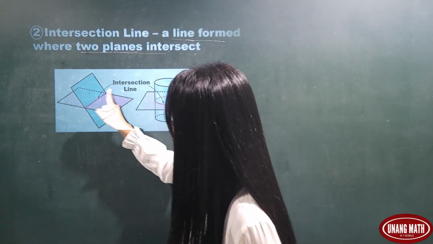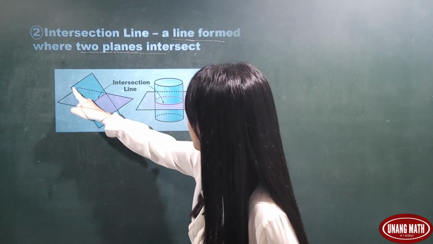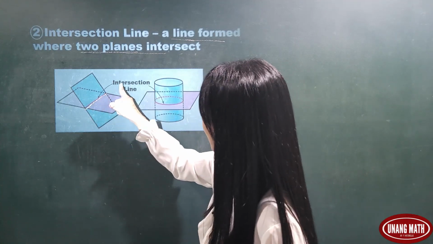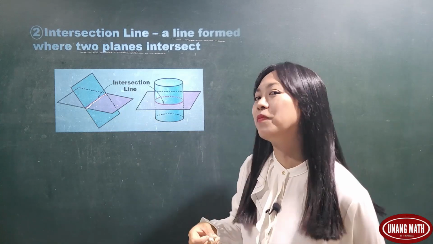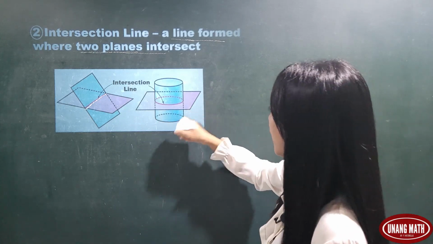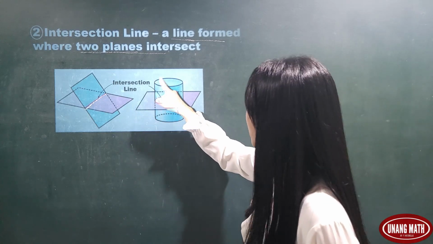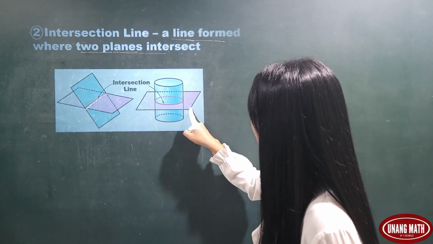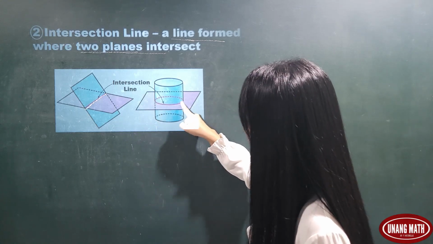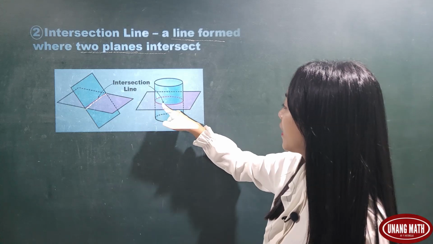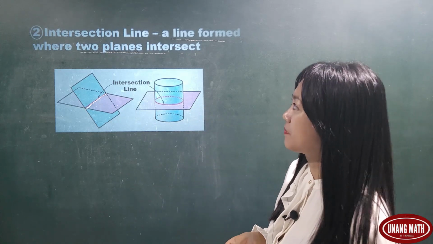This plane and another plane intersect at this line. So this is the intersection line of these two planes. What about here? This figure or plane and another figure or plane intersect at this line. So this is the intersection line of these two planes.